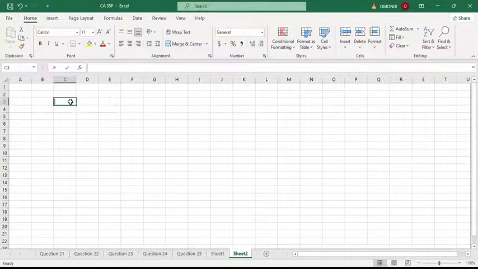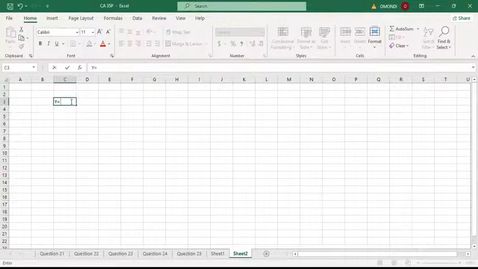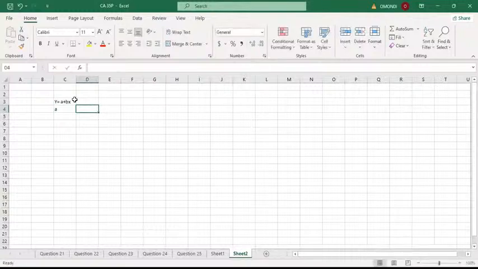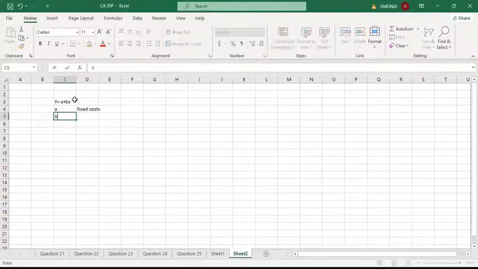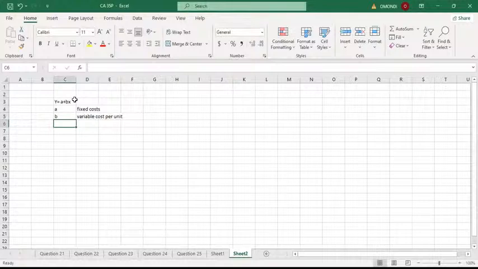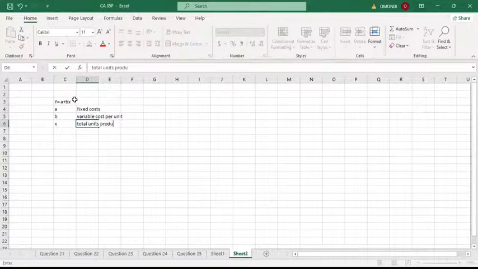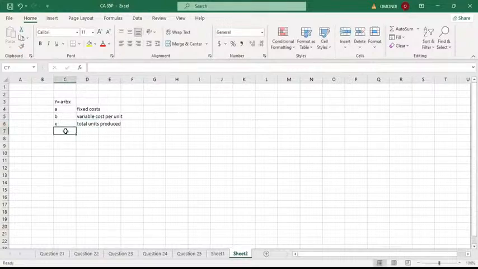So the function was y equal to a plus bx, whereby a was representing fixed costs, then b was representing variable cost per unit, and then we have x, which was the total units produced, then y was now the total production cost.